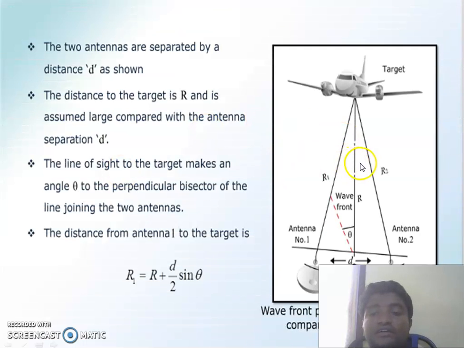And this is the basic diagram of a phase comparison monopulse radar. Here two antennas are used. This is one antenna and this is another antenna, and these two antennas are separated by the distance d, and the range of the target is r, and the line of sight to the target makes an angle theta to the perpendicular bisector of the line joining the two antennas.